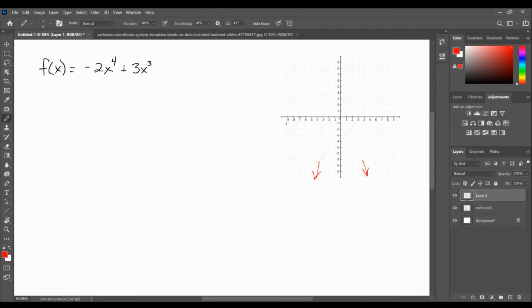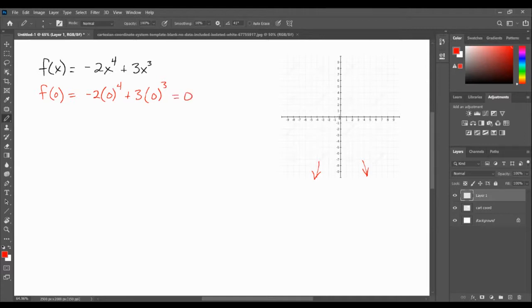Not sure where. It'd be awful nice if we knew where this crossed axes. Well, where it crosses the y-axis, recall that's our y-intercept, and we get that by setting x equal to 0. So if we found f of 0, say negative 2 times 0 to the fourth, plus 3 times 0 cubed, well, that's 0.